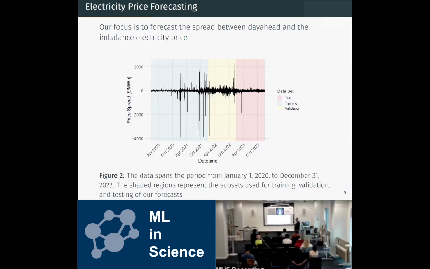Okay, so it's very recent data that we could have access to. We're using as a training data set from 2020 till the end of 2021. As a validation set, we are using the whole year of 2022, and we are producing forecasts of 2023.